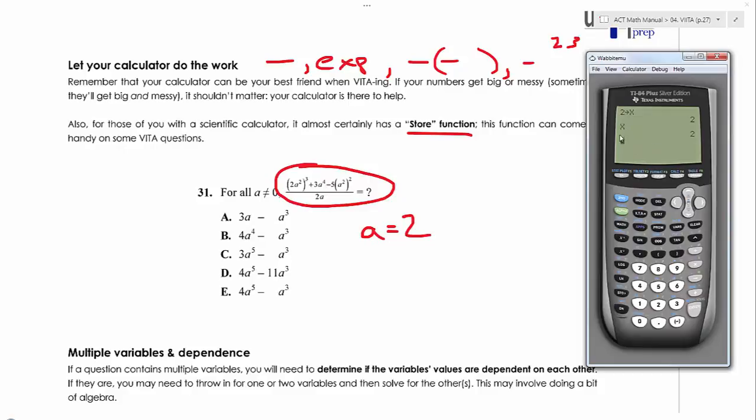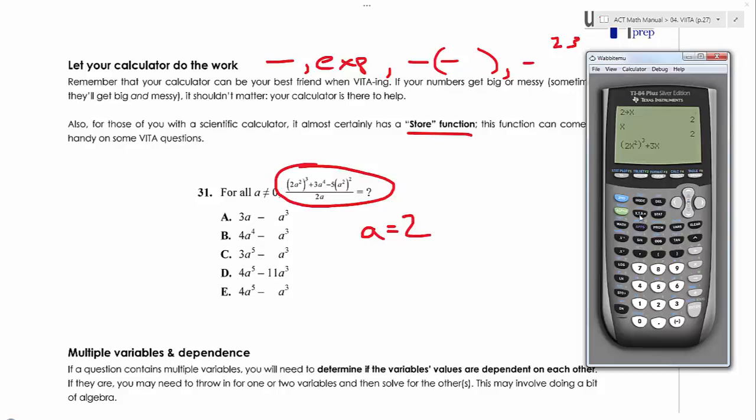So what I have done now is I have made this button equal to 2, and watch what I can do now. I can actually type this numerator in exactly as it appears on the page in front of me with parentheses and exponents and everything. So 2x squared cubed plus 3x.